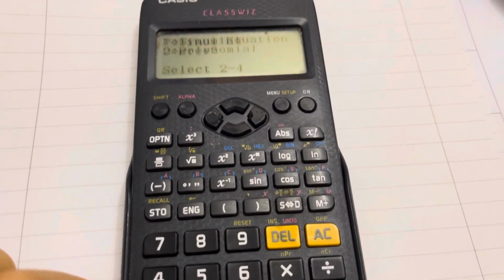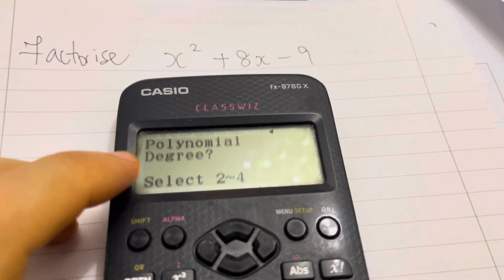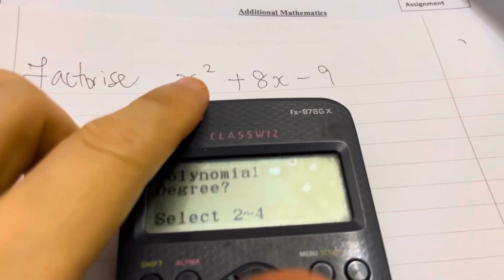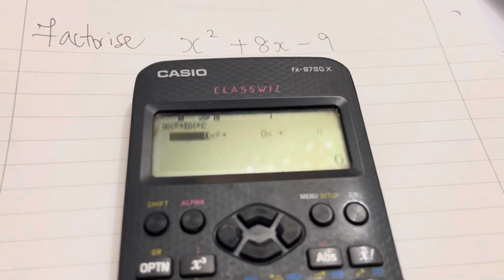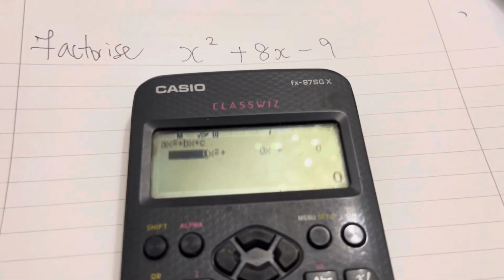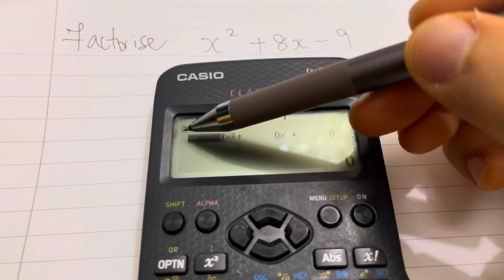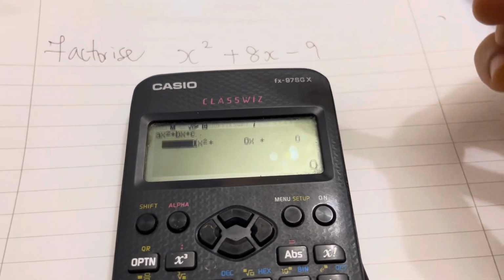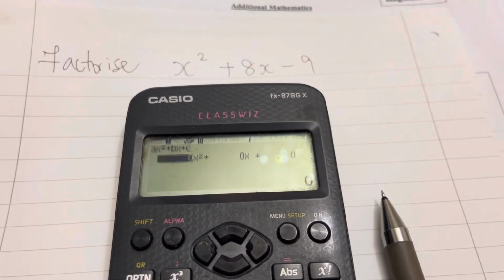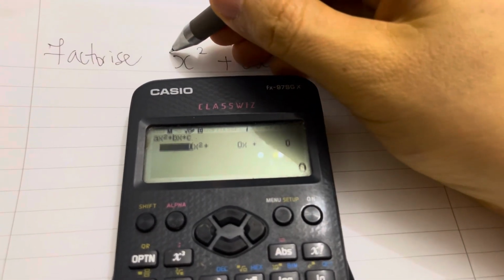You press 2. And then they ask you for the degree of the polynomial. The degree means the highest power here, and that will be 2. You press 2. Now you will come to this screen where they ask you to key in what is A, what is B, and what is C. The A is the number in front of the x squared, so that will be 1.